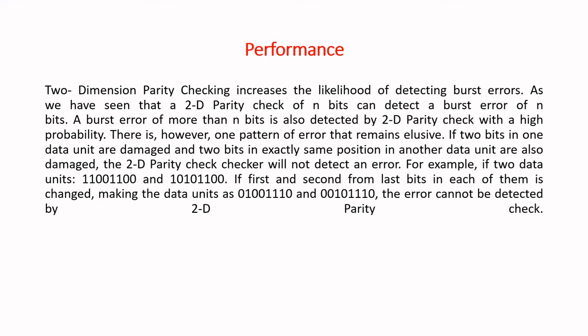For example, if two data units 11001100 and 10101100, the first and second from last bit in each of them is changed, making the data units 01001100 and 00101100.